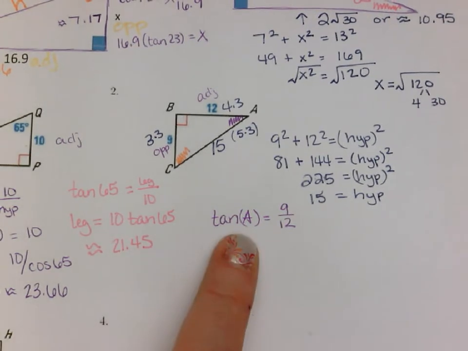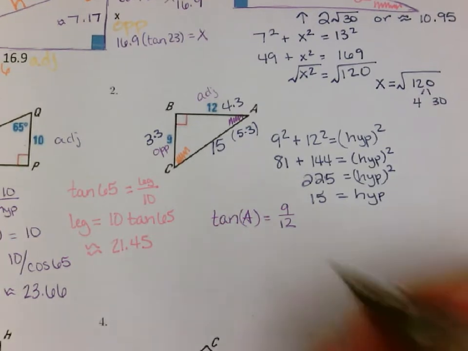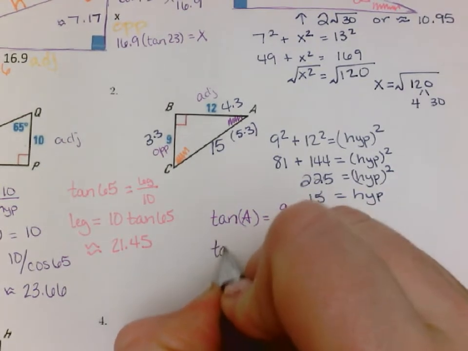To undo this angle being taken by the function of tangent, I'm going to undo that by doing the tangent inverse.